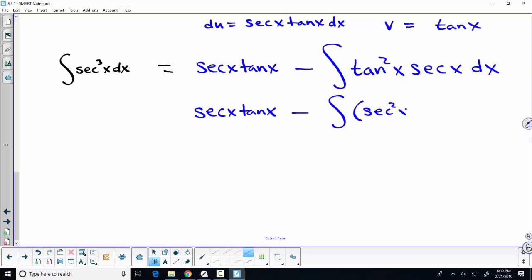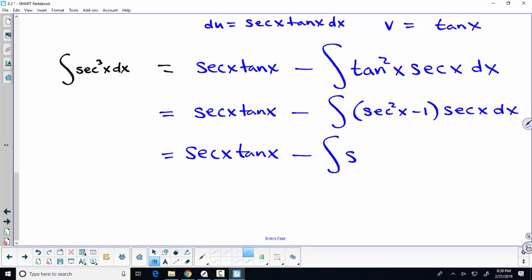Secant squared minus 1, secant. Secant tangent. Combine these. Secant cubed minus secant dx. Why would we do that?